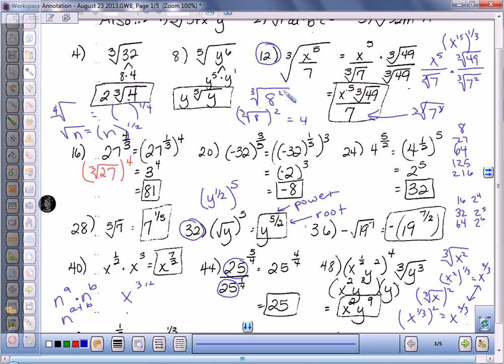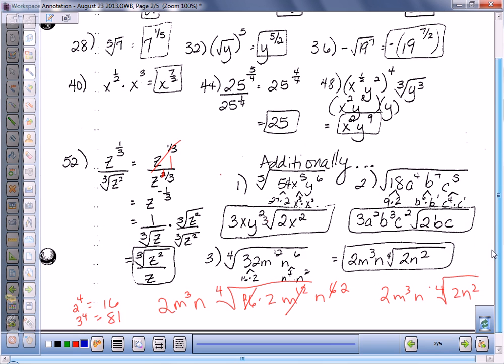What's the cubed root of 64? 4. Did I get the same thing? Sure. But I just like dealing with smaller quantities whenever possible. And so I will take that route. I will take the root before I do a power. Okay? All right. Let's take a look at the rest of them. See if you have questions.